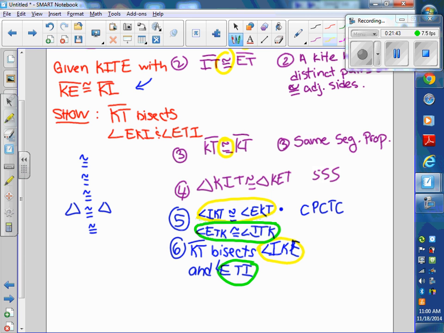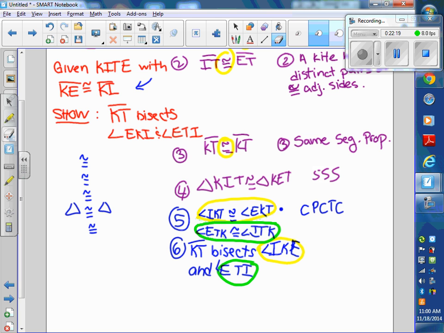There we go. And so if an angle is divided into two congruent parts, then, so I really should have said if a segment divides an angle into two congruent parts, then it is an angle bisector.